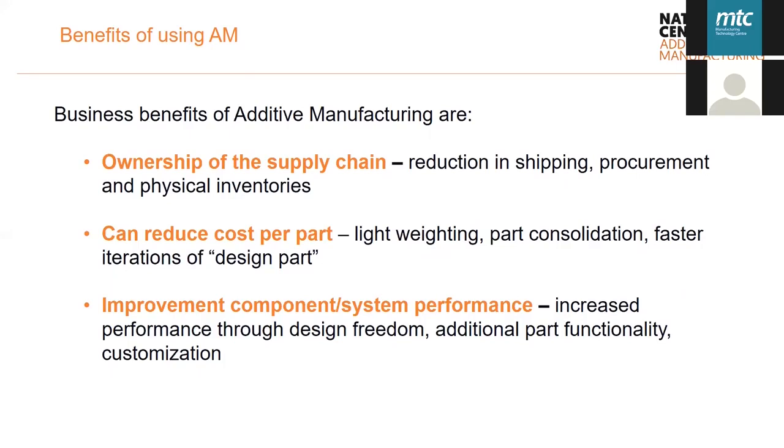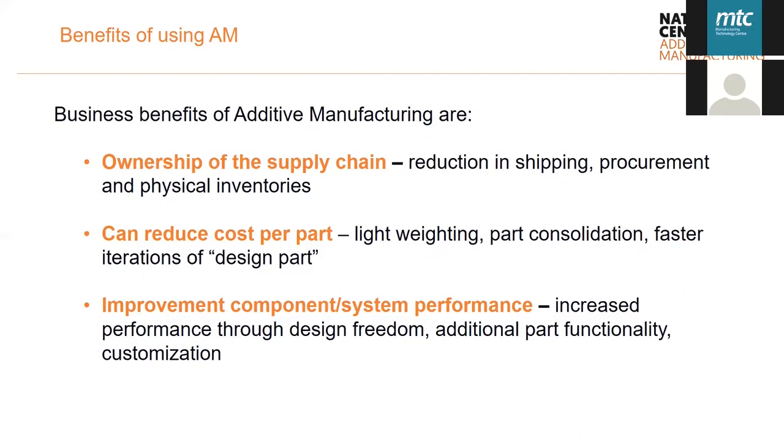this component. Secondly, you can reduce the cost per component using AM. You can utilize the design freedom to reduce a lot of the excess material from a component, essentially lightweighting the component, which means that you're using less material and, depending on your use case, it is cost effective.